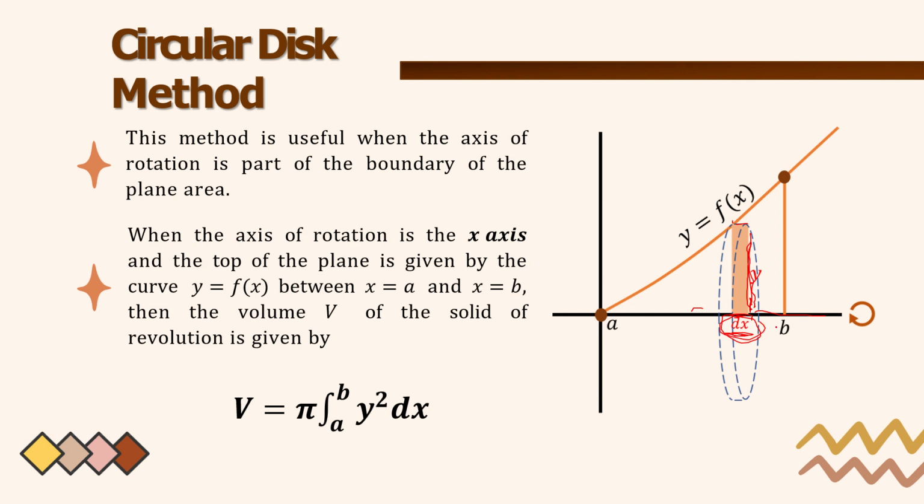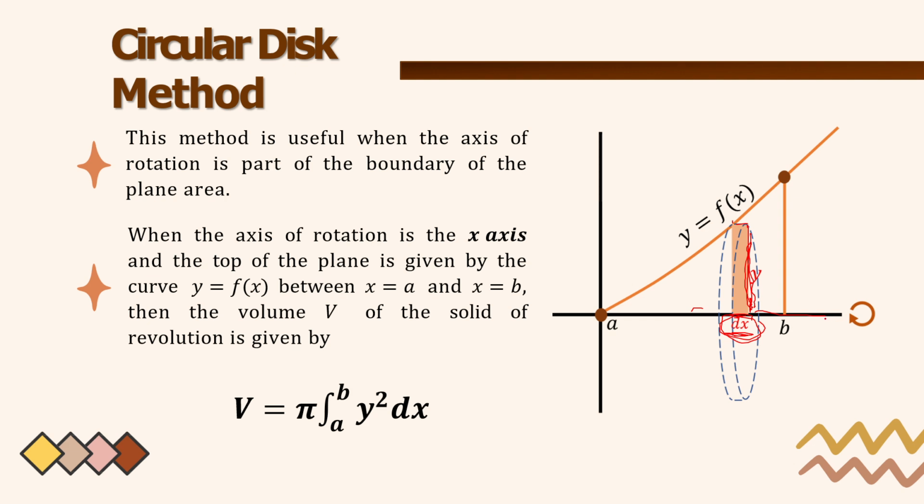This is the limit from a to b, and all the functions that we're going to integrate are in dx once the axis of rotation is the x-axis. We think of this as the length, which is perpendicular to the axis of revolution.